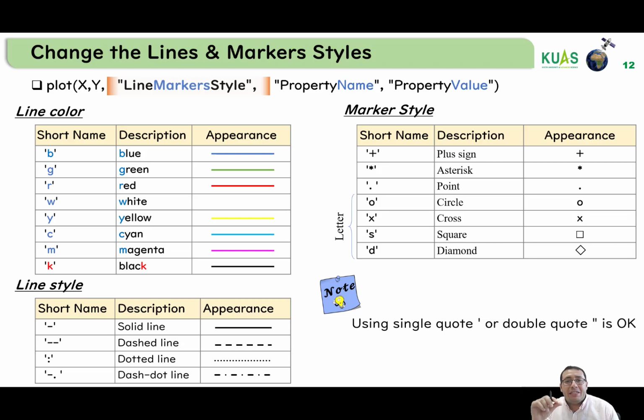But we can also replace a single quote with a double quote. Both are the same. Using single quote or double quote will give you the same result. So for example, for the diamond, we can write D between two quotes, or we can write blue between two double quotes. So there is no difference and it doesn't affect.